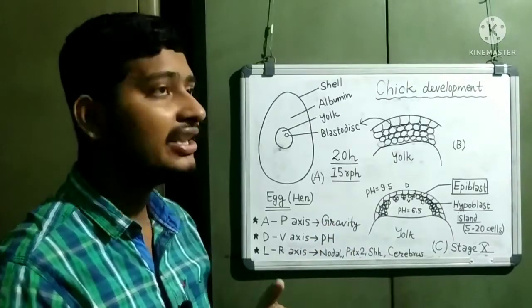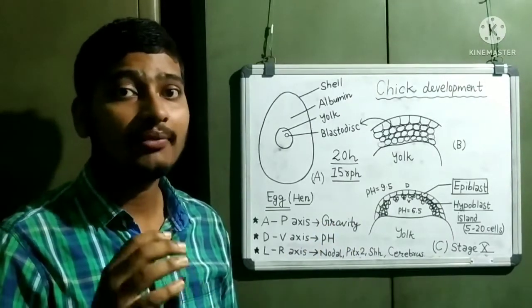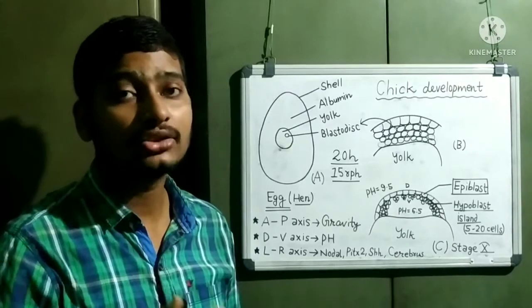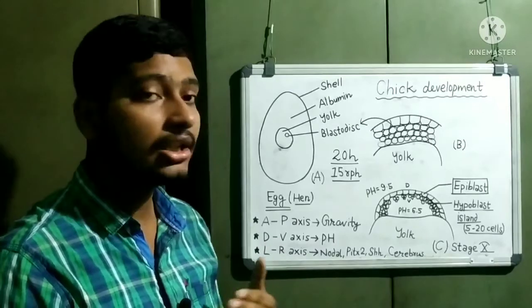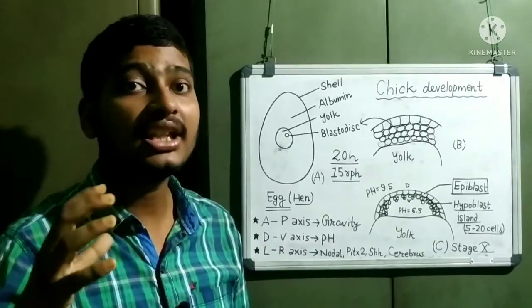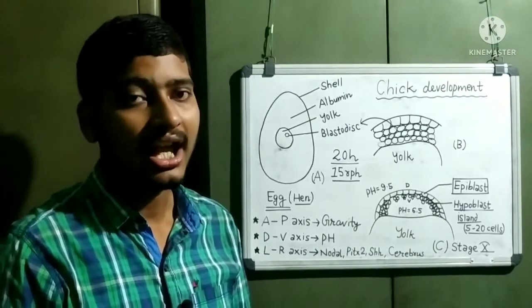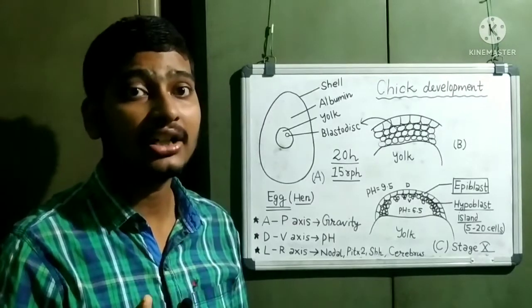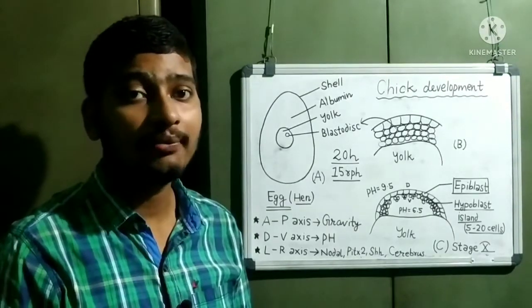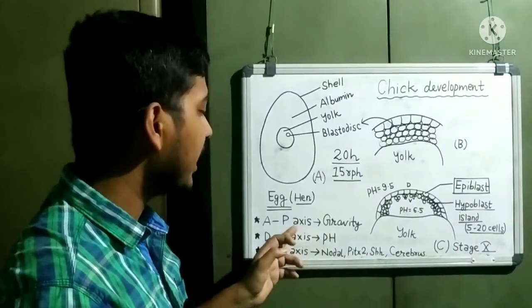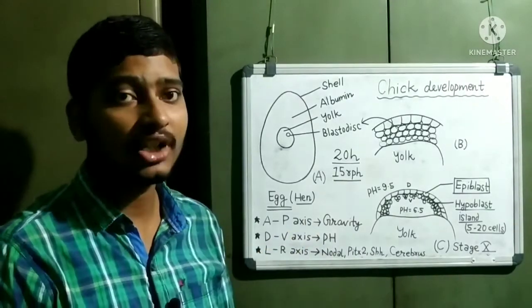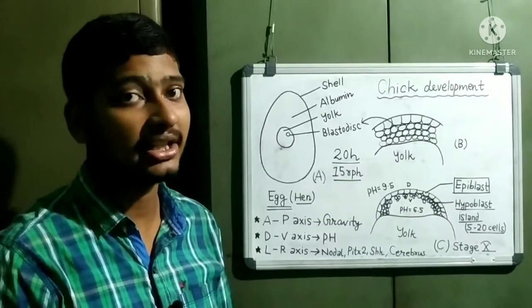It means that the lighter part of the blastoderm, the lighter part will form the posterior portion and the heavier part of blastoderm will form the anterior portion. So anterior posterior axis formation is gravity dependent.